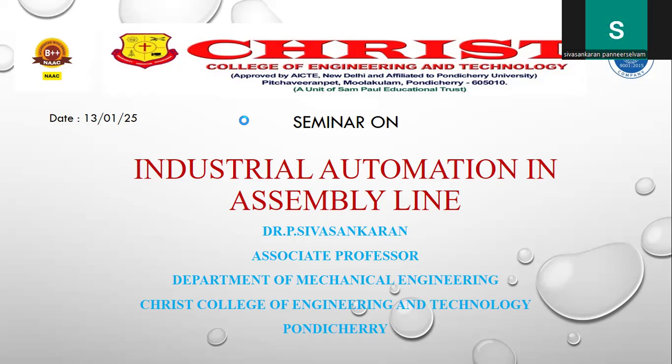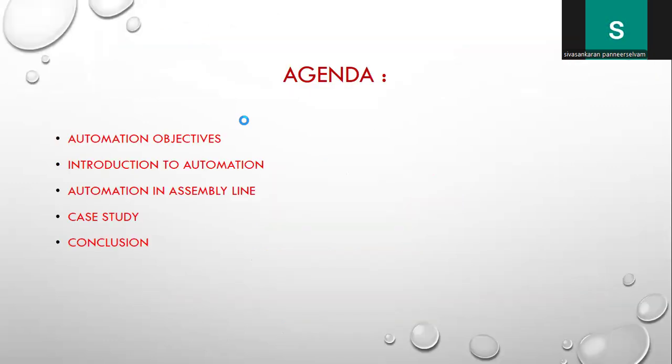So what do you mean by industrial automation in assembly line? What are the various prehistorical concepts that are applied for the development of industrial automation? And meanwhile, we will have a case study of industrial automation using the RoboDK solver package, a simulation type exercise.